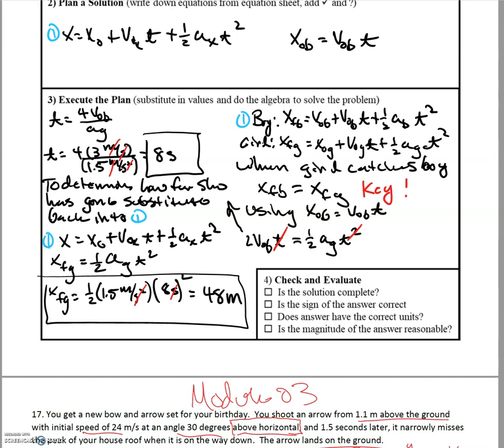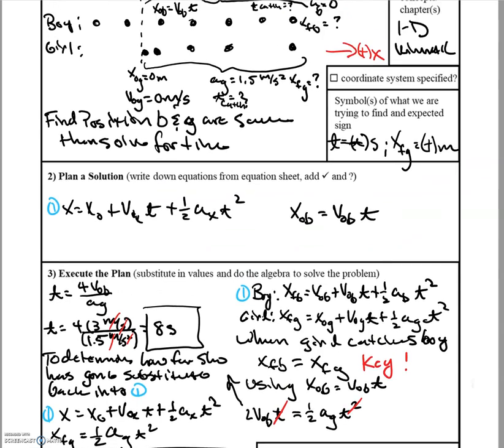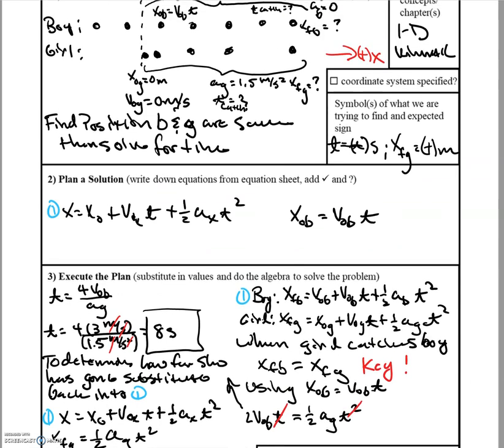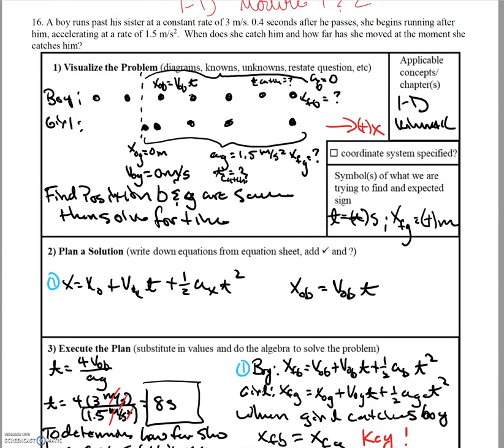And if you're still having trouble with it, you need to contact me and we need to clear that up because these are problems that we've dealt with before. They're just kind of represented in a new way, but the underlying physics is all the same. So if you have trouble with it, that means that maybe the concepts aren't necessarily clicking and we just need to work through that and get you on the right track.